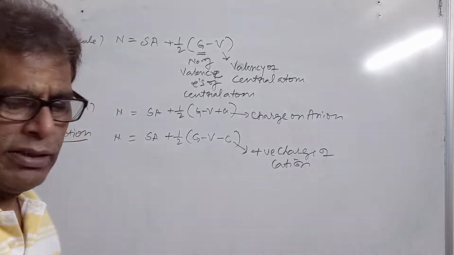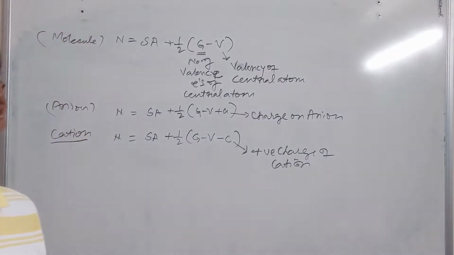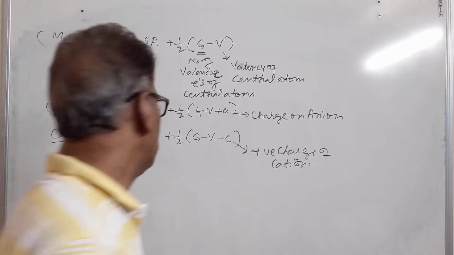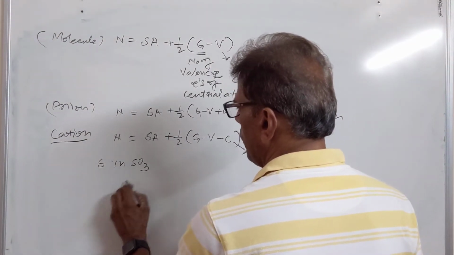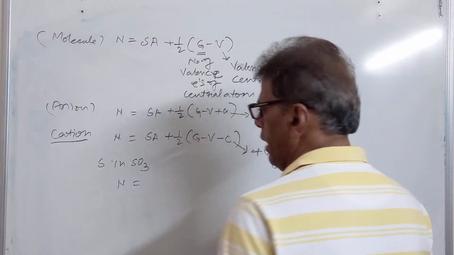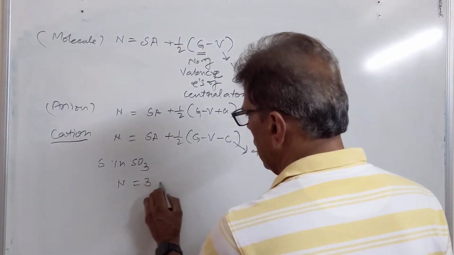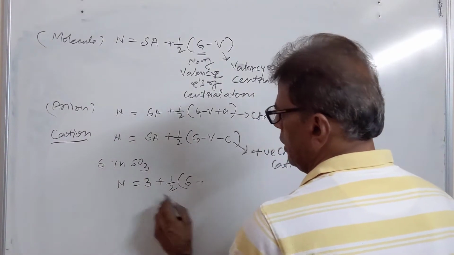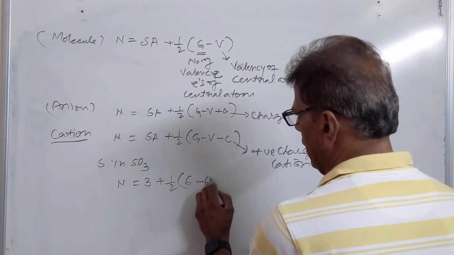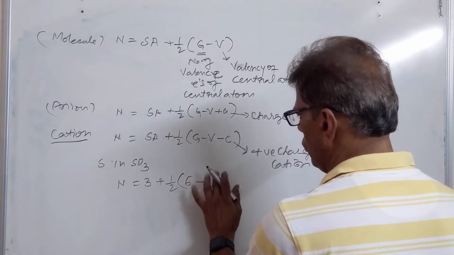Now we calculate the hybridization in the central atom of some species. For example, S in SO3. So the number of orbitals can be calculated. Surrounding atoms are 3 here. Half of the valence electrons of sulfur, which are 6. Its valency is 6 here, and it has no charge.